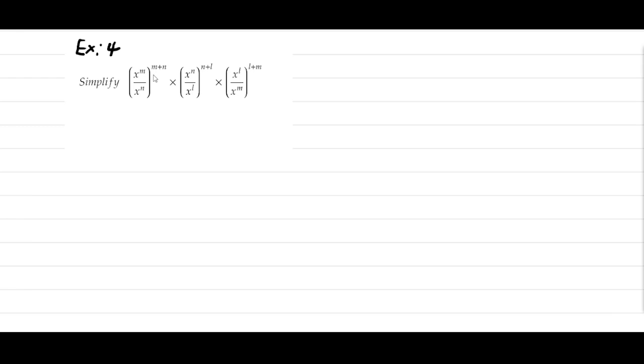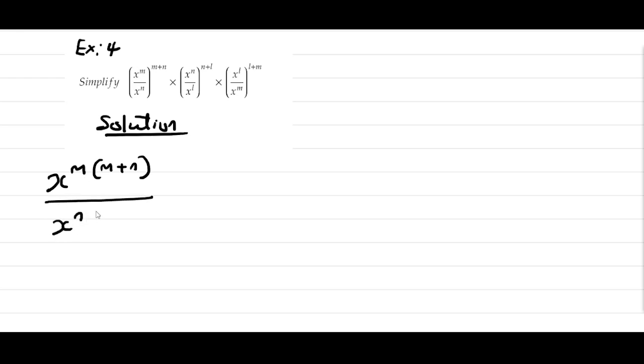So the first thing we do is, of course, employ our indices. Notice that for the first term, we have x to the m multiplying the power m plus n.